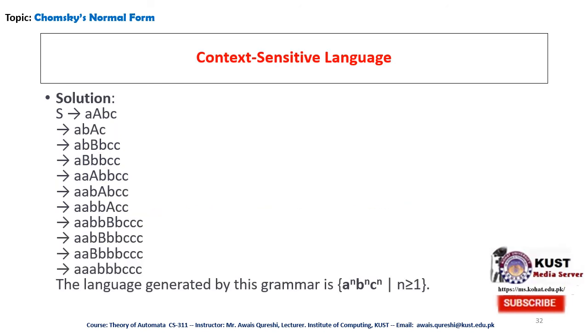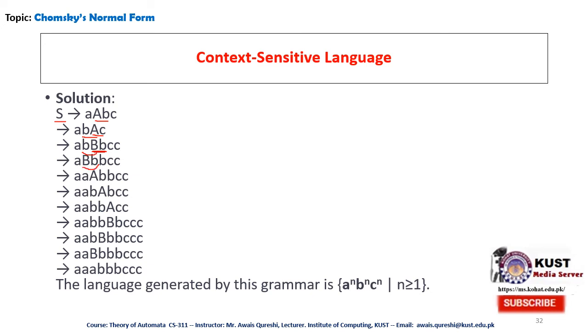So this is the solution. Here you can see that this is the start symbol, and we can replace this AB with BA. Similarly, we have replaced this AC with BB, and we have replaced this BB with this.